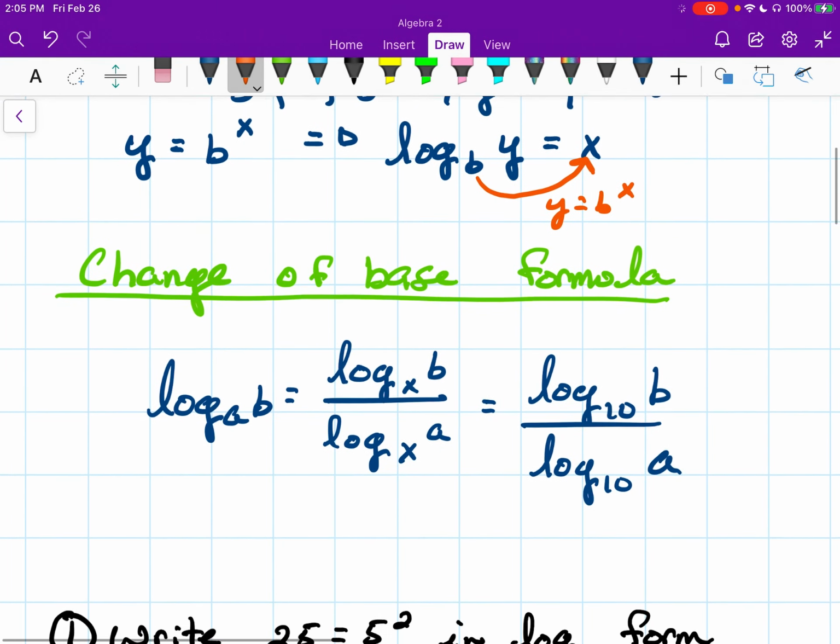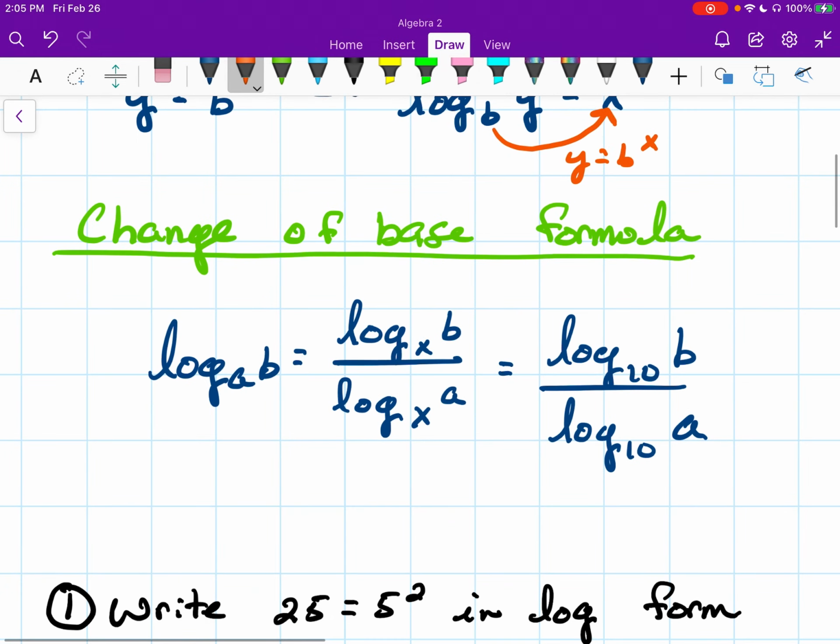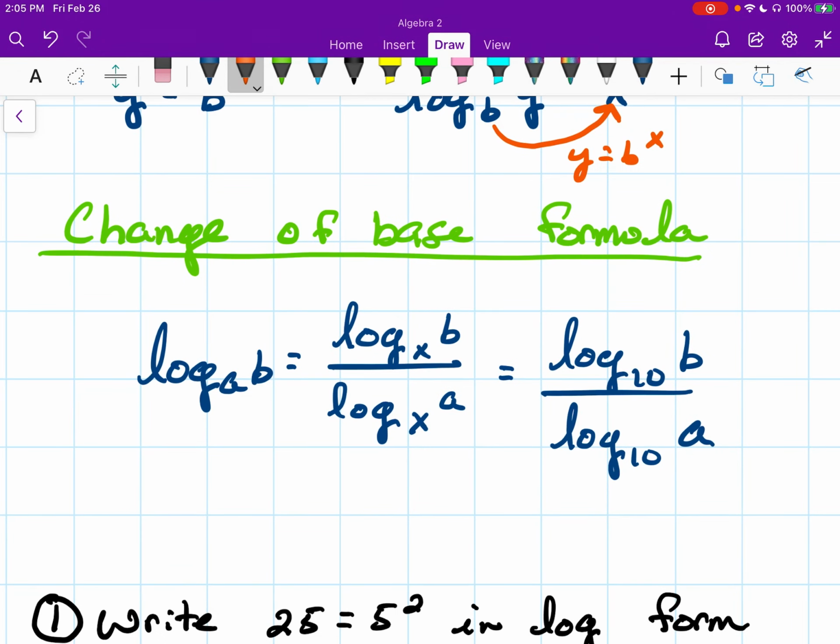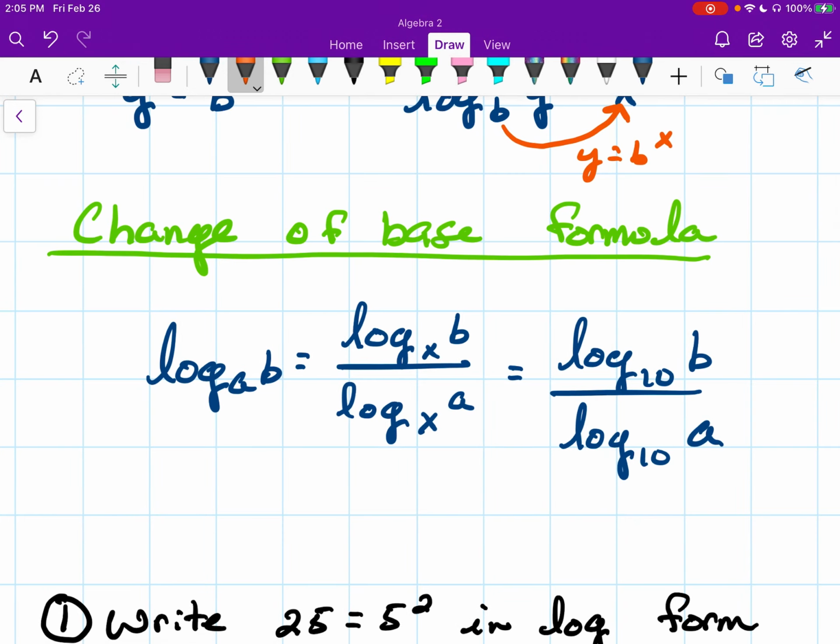So, change of base formula. We don't necessarily need this for any math that we're going to do in this section. But if you have a cheaper calculator, like the regular TI-30X2S, you're going to probably need this.